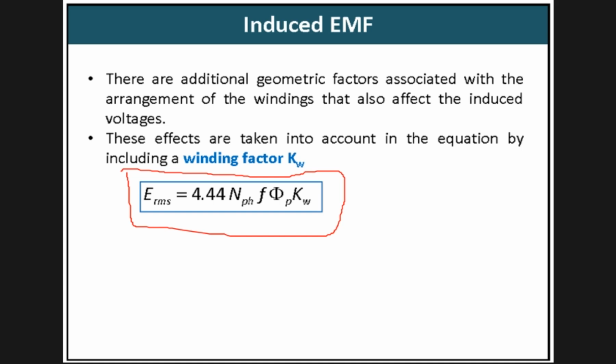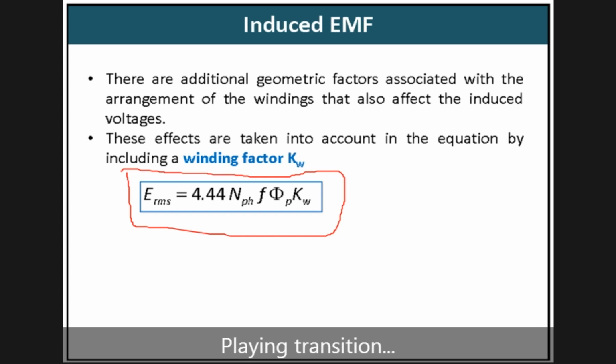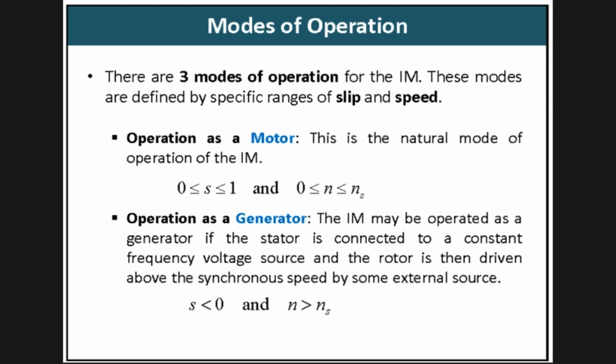Then, modes of operation of induction motors, induction machines. There are three modes of operation for an induction machine. These modes are defined by specific ranges of slip and speed. If it is operating as a motor, this is the natural mode of operation.